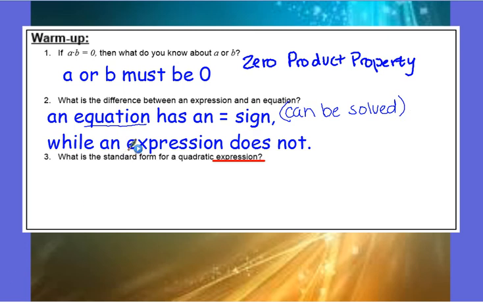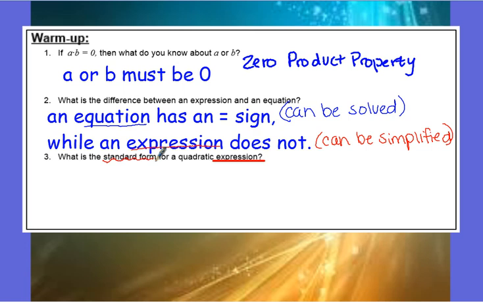Expressions can be simplified. So in lessons 1 through 5 that we've worked on in class, we've been simplifying expressions when we factor. Tonight, this lesson is different because we are going to start solving.